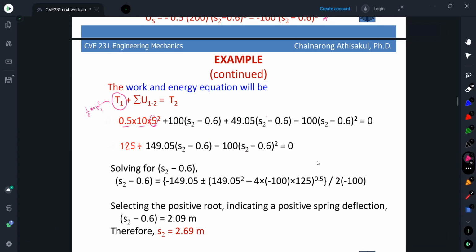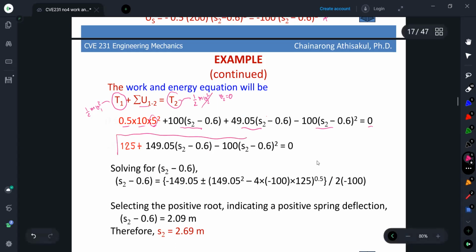Then comes the summation of the work done by the three forces that we already derived, and it equals T2. T2 is half m v2 squared, but the problem tells us that at the second position the block is stopped, so v2 is 0 and the kinetic energy at the final position is 0. This leads to this equation.